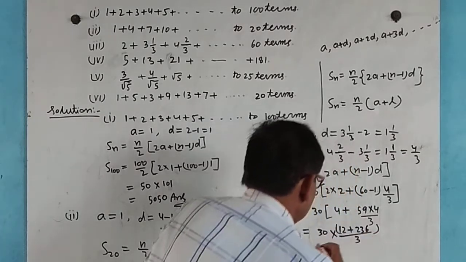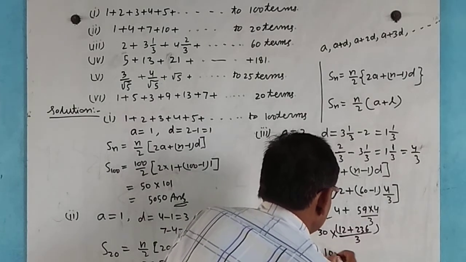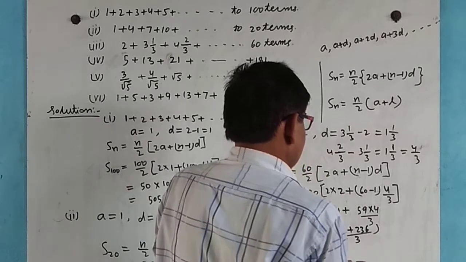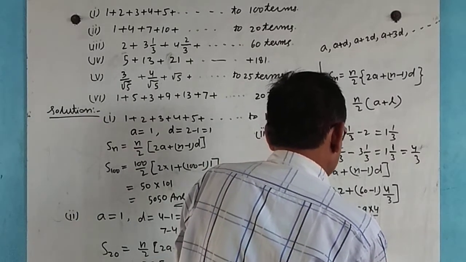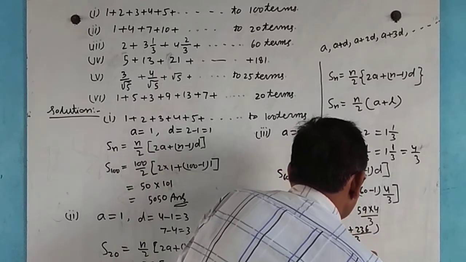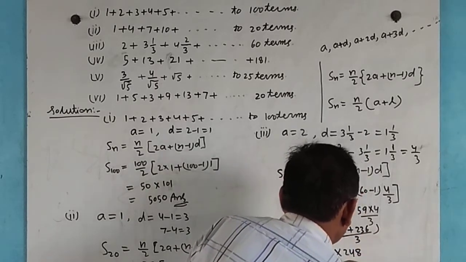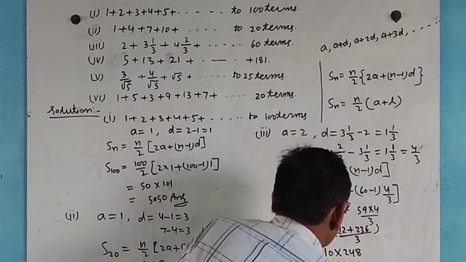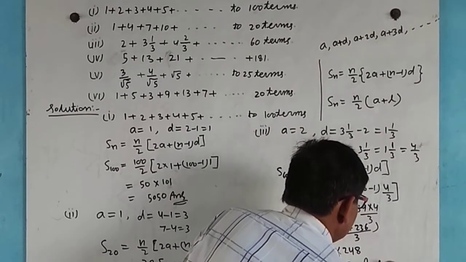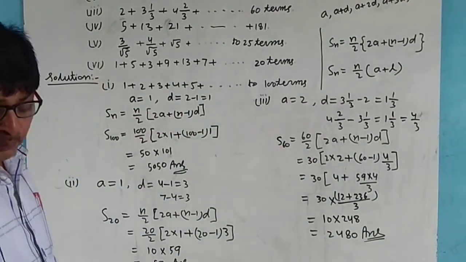Now here this can be written as 10 multiplied by 248, that is equal to 2480. This is our answer.